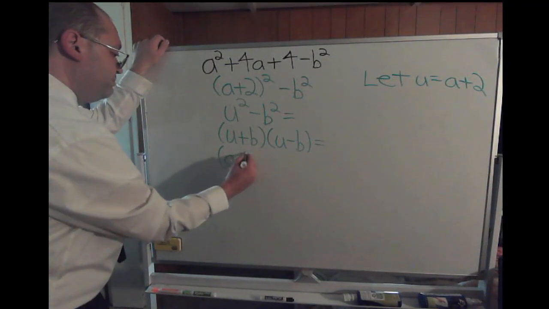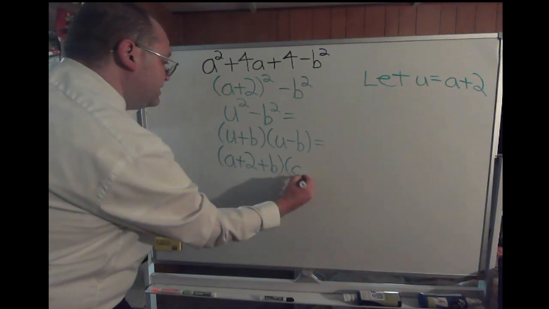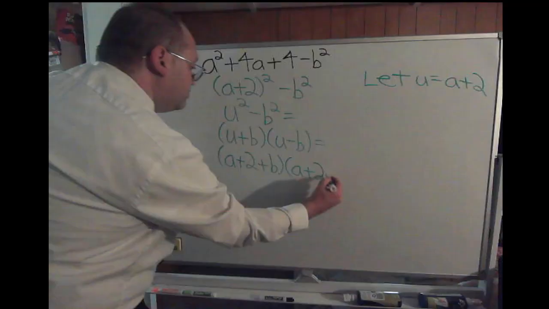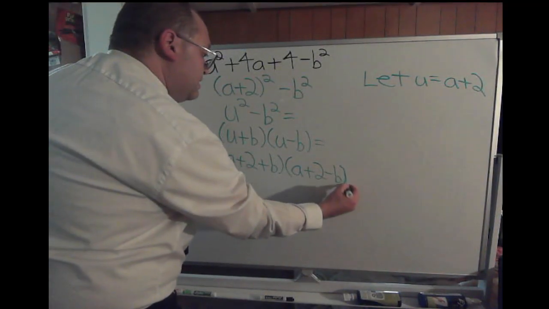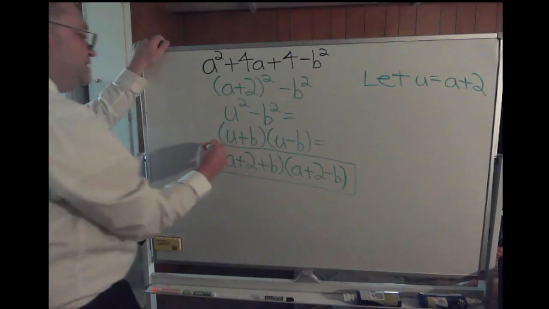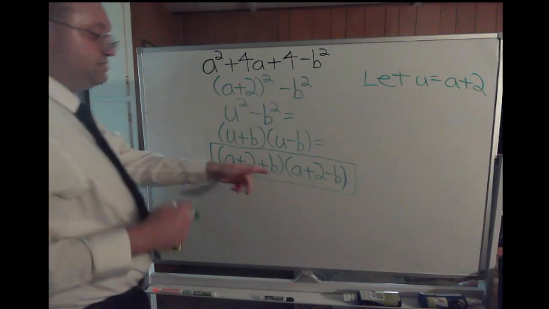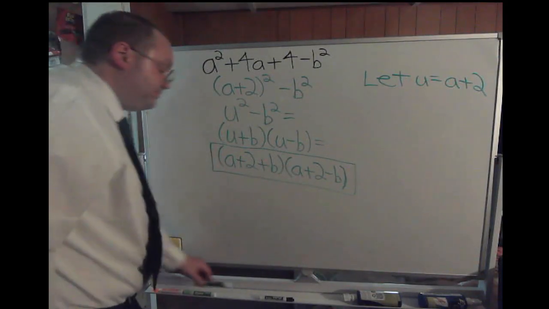You would get (a plus 2 plus b) times (a plus 2 minus b). And that would really be it for your factorization. You get the quantity (a plus 2 plus b) times the quantity (a plus 2 minus b).